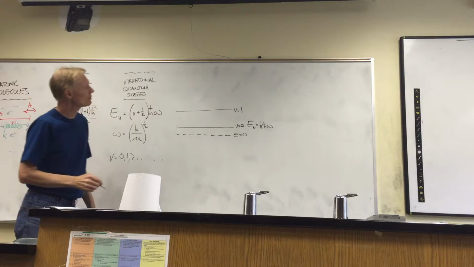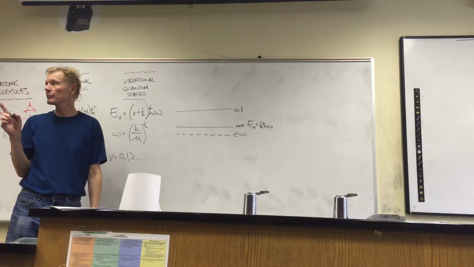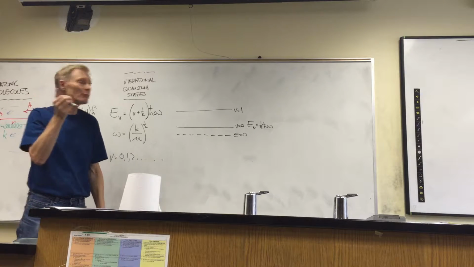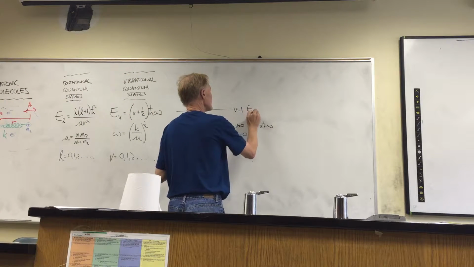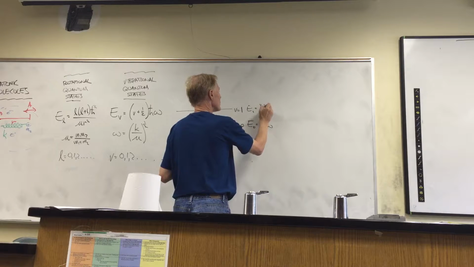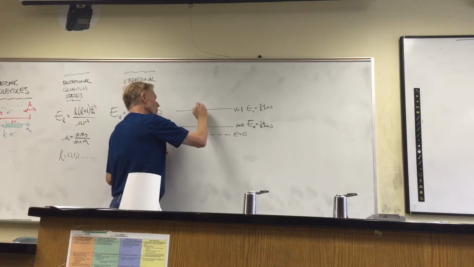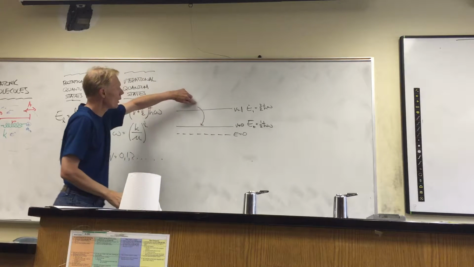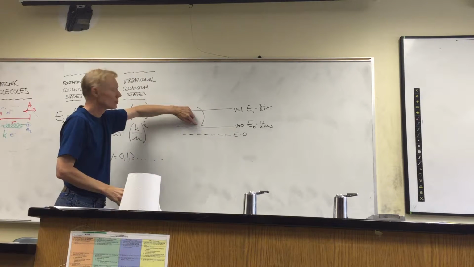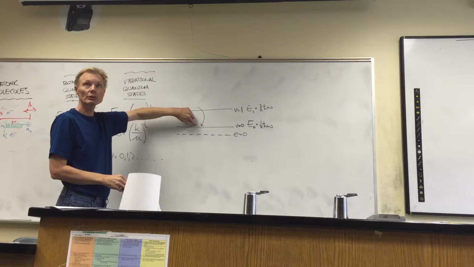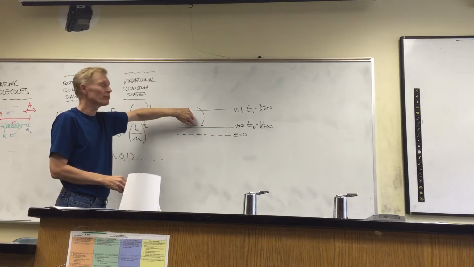All right, how much energy would I have in my V equals 1 state? Yeah, that'd be 3/2, right? So the energy of this state would be 3/2 h bar omega. If we have a molecule that shifts from state 1 into state 0, what happens with that leftover energy? Yeah, we'll generate a photon.